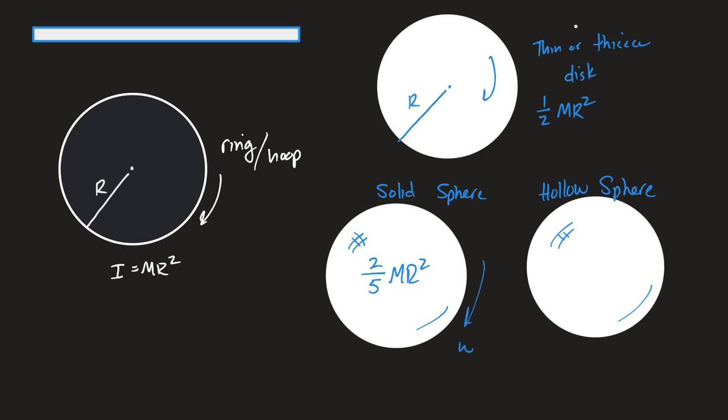Again, we're talking about spinning it about its center. And a hollow sphere is 2/3 mr squared. And of course, the bar about its end, 1/3 ml squared.